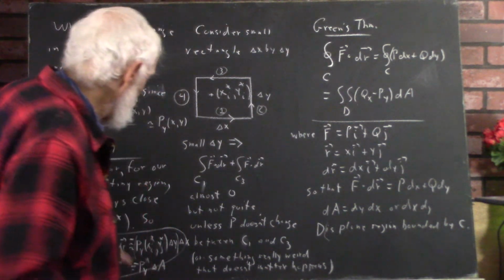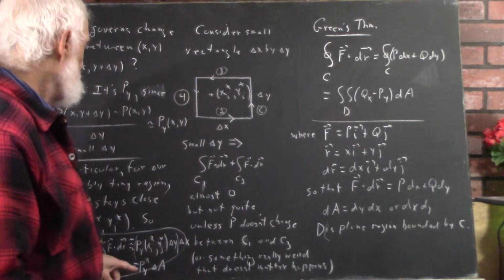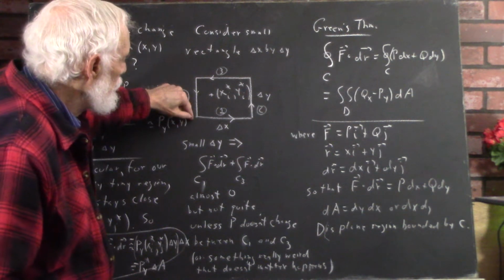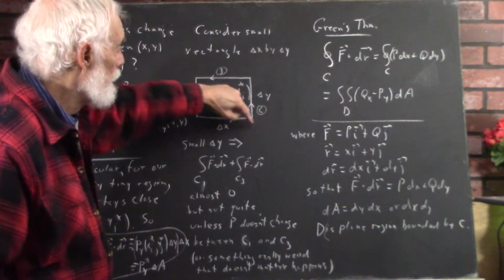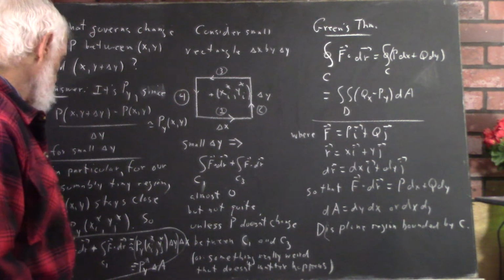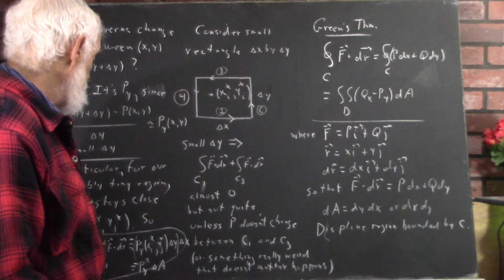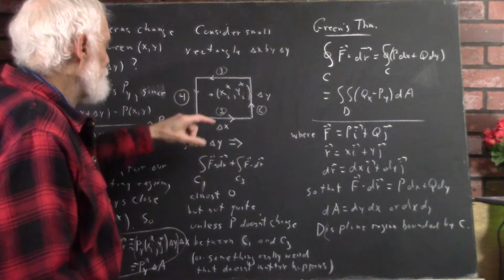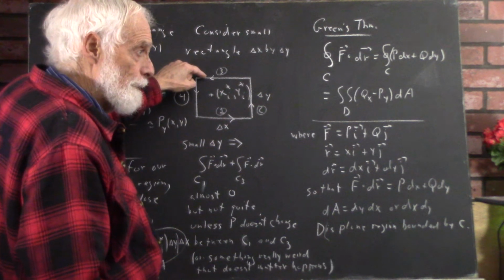So we've established, at least intuitively, I hope, why the contribution of the path integral over curve 1 and curve 3, over path 1 and path 3, in other words, the integral over C3 plus the integral over C1 of your F dot dr, depends only on how the function changes between here and here.